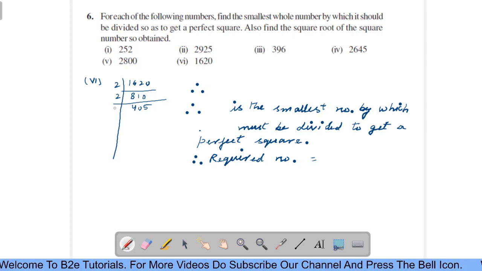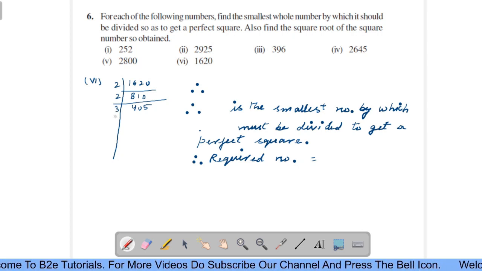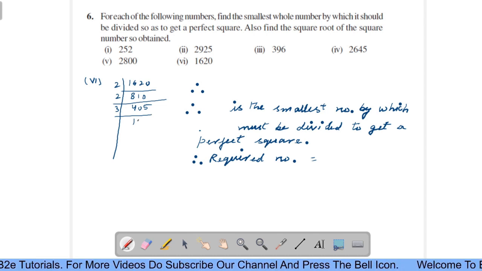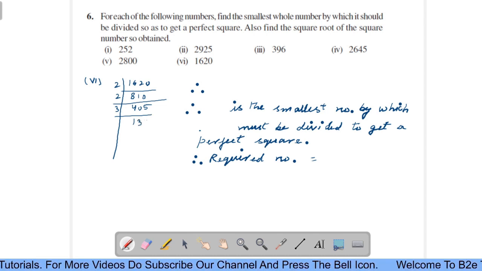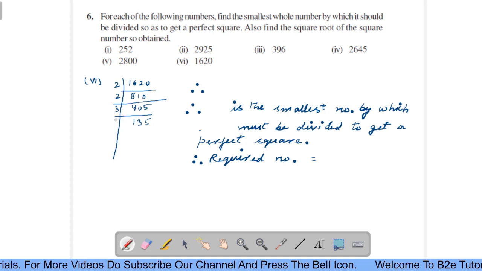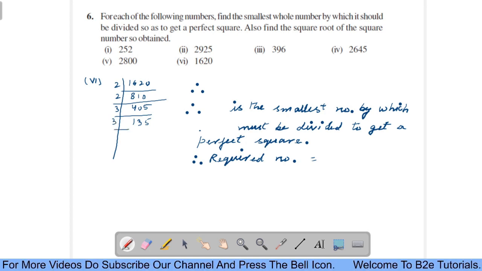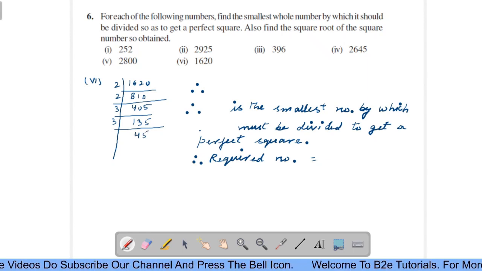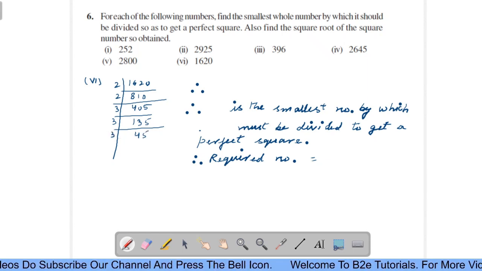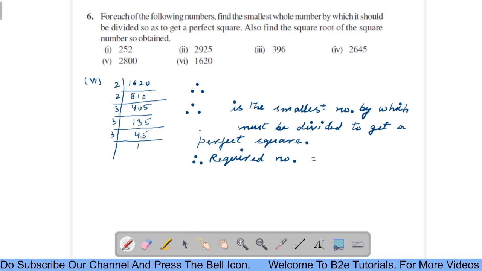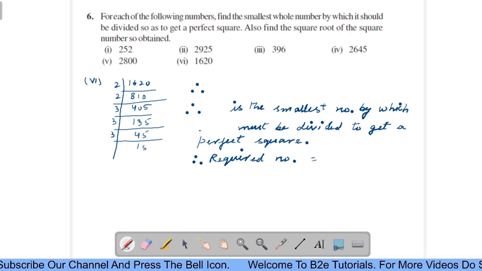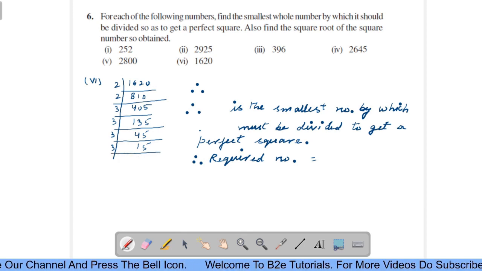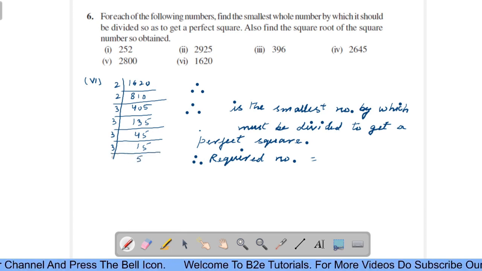Then by 3, 3 1 is 3, 3 3 is 9, and 3 5 is 15. Again by 3, 3 4 is 12, 3 5 is 15. Again by 3, 3 1 is 3, 3 5 is 15. Again by 3, it is 3 5 is 15.